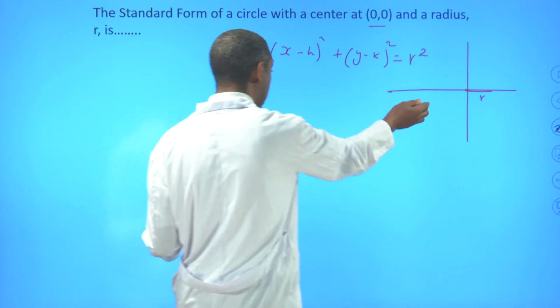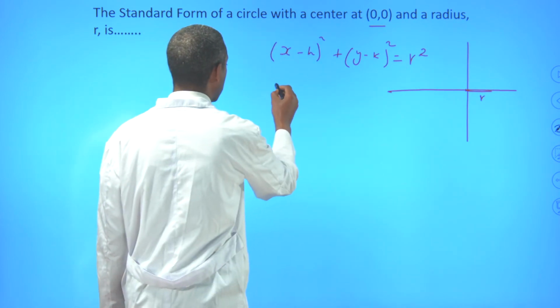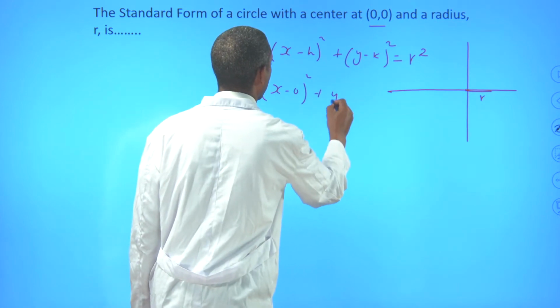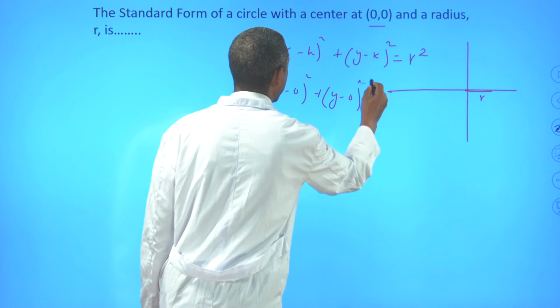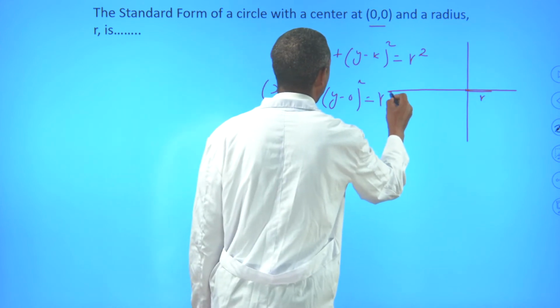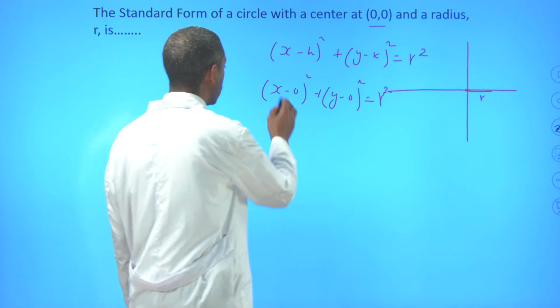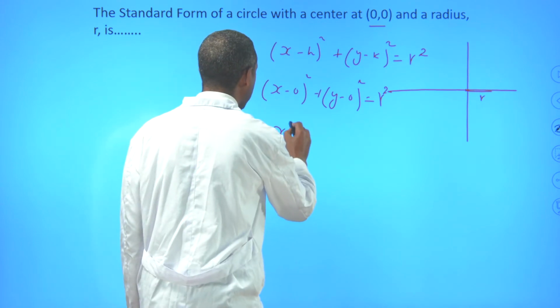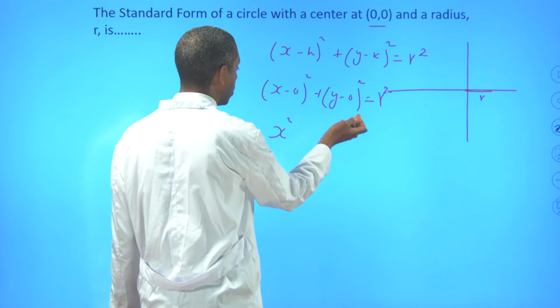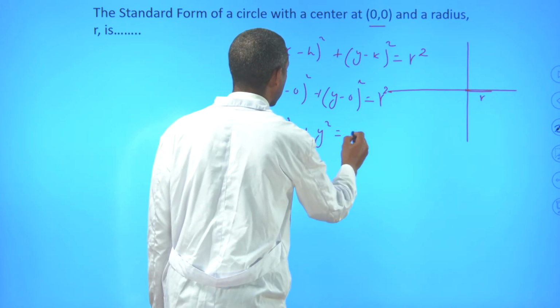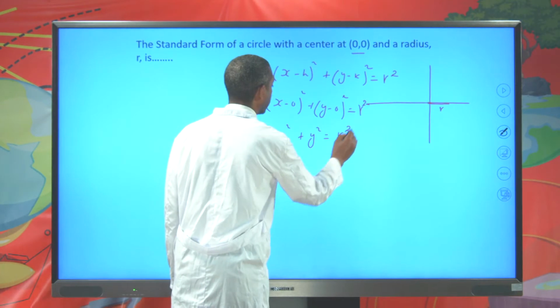So we have the center, which is (0, 0). Then we have (x minus 0) squared plus (y minus 0) squared is equal to r squared, where r is an element of the real numbers. So here, x minus 0 is just x, so we're left with x squared plus y squared is equal to r squared.